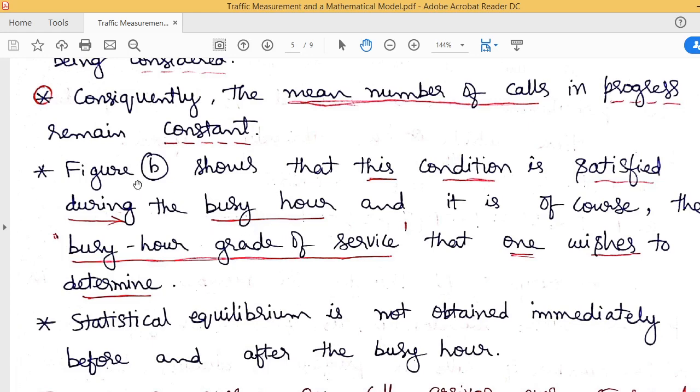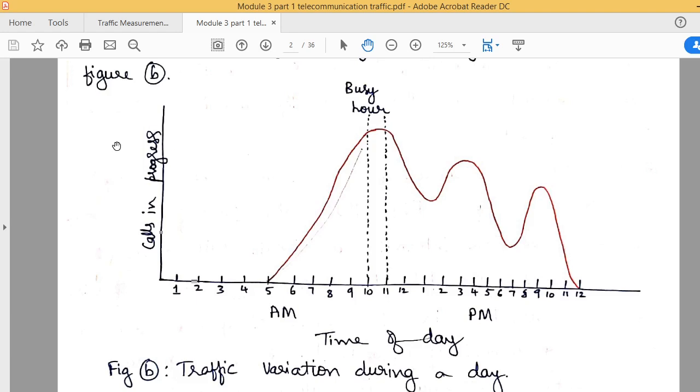Let us go to figure B as defined previously. The traffic will be more or less constant within this busy hour. According to statistical equilibrium, the probability of occurrence as well as the probability of termination of a call almost remains the same. Before and after this busy hour, statistical equilibrium is not satisfied. Only during this busy hour will it be satisfied.